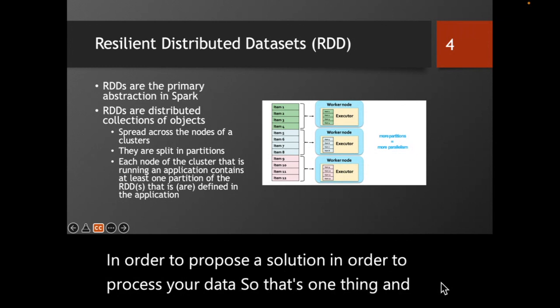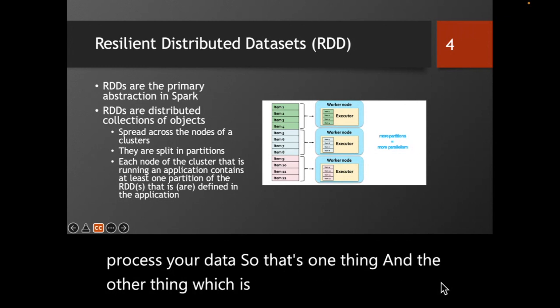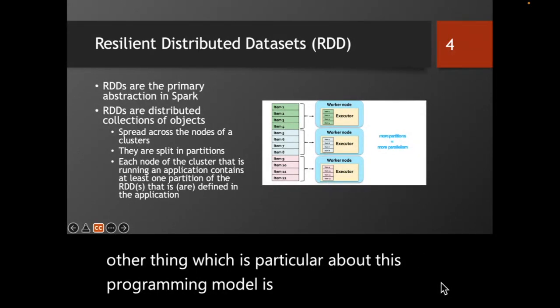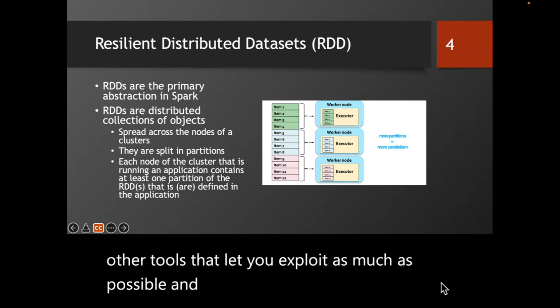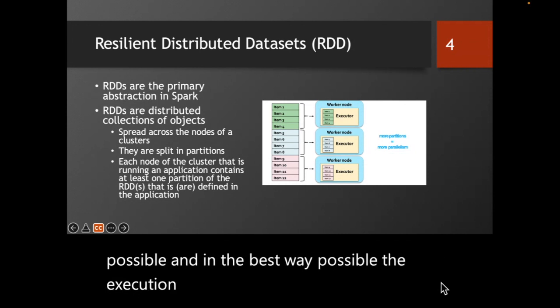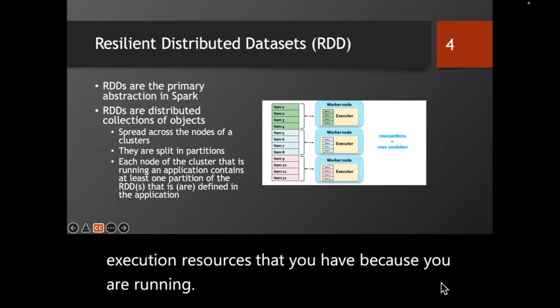And the other thing, which is particular about this programming model, is that you also have other tools that let you exploit, as much and in the best way possible, the execution resources that you have, because you are running your programs in a cluster.